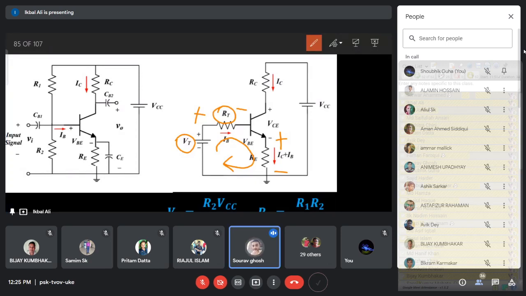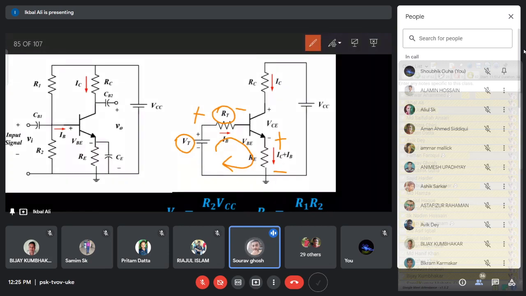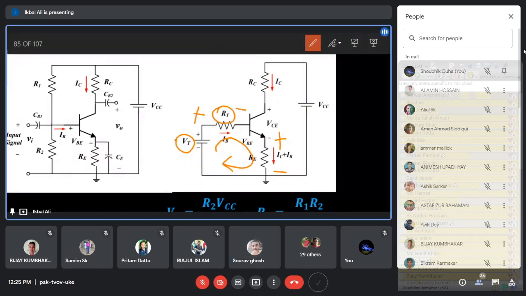Sir, VBE is another voltage. Yes, you have to take care of the drop across it. A voltage drop also appears between the base and emitter. That voltage drop is 0.7 volt. It depends on the material, but you have to take that voltage drop also.